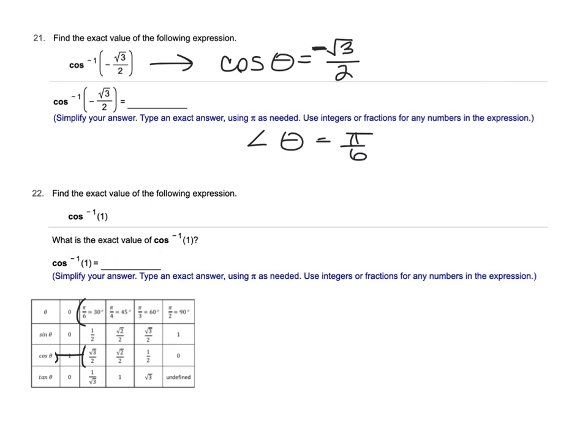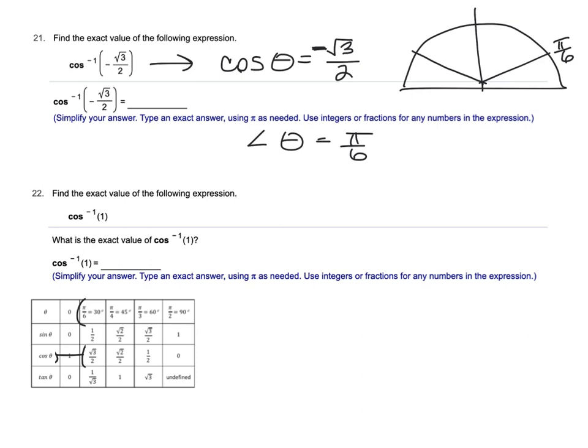But when it's negative, if you think about it, remember this is my chart. My cosine goes between quadrant 1 and quadrant 2. That's pi/6. Okay. The cosine of that is positive square root of 3 over 2. When I want it to be negative, it happens over here in quadrant 2.